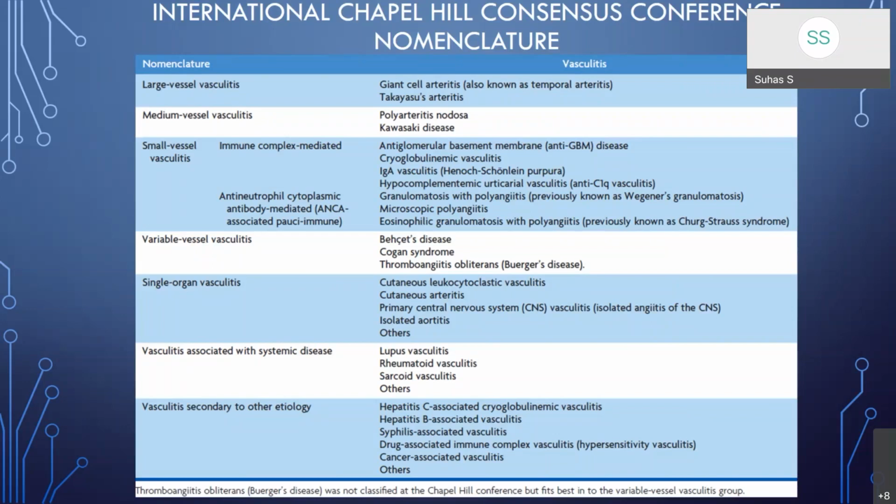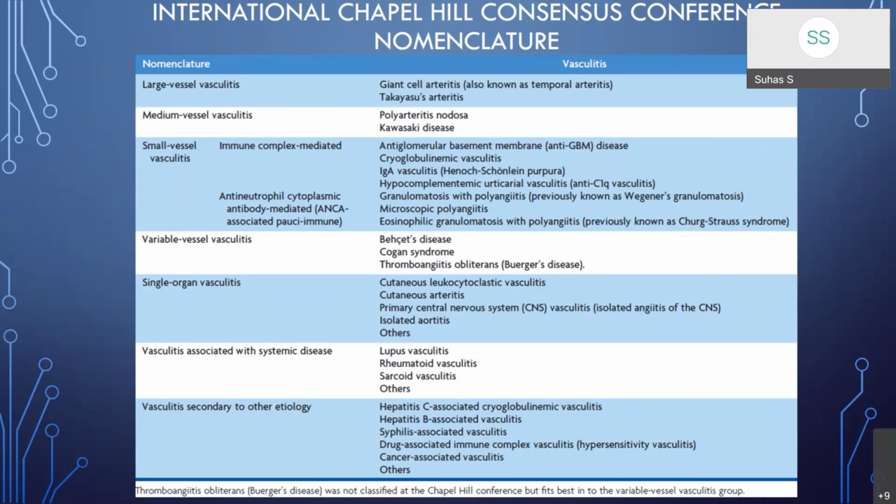The third classification is small vessel vasculitis, which is subdivided into immune complex mediated, also called non-ANCA vasculitis, and ANCA-mediated vasculitis. In immune complex mediated, we have commonly occurring vasculitis such as anti-GBM disease, cryoglobulinemic vasculitis, IgA vasculitis, and anti-complement C1q vasculitis, also called hypocomplementemic urticarial vasculitis.